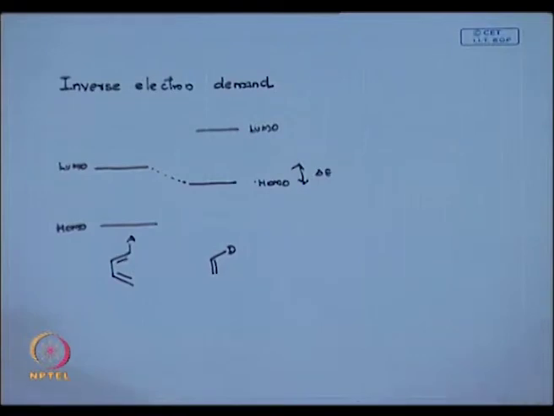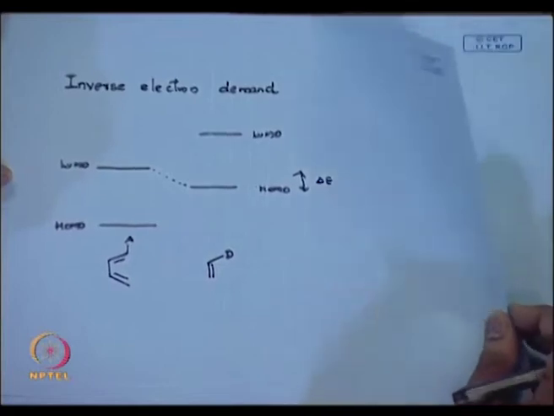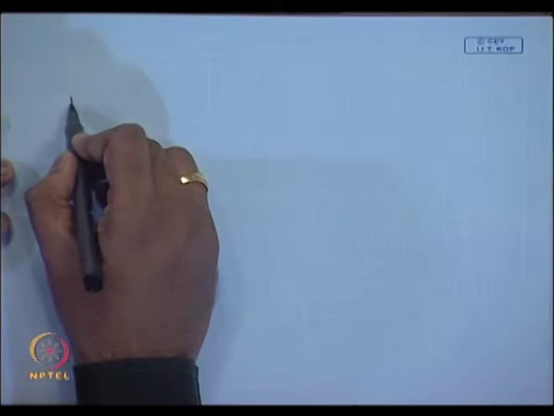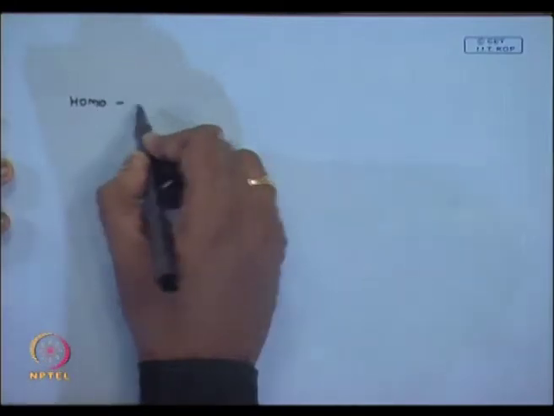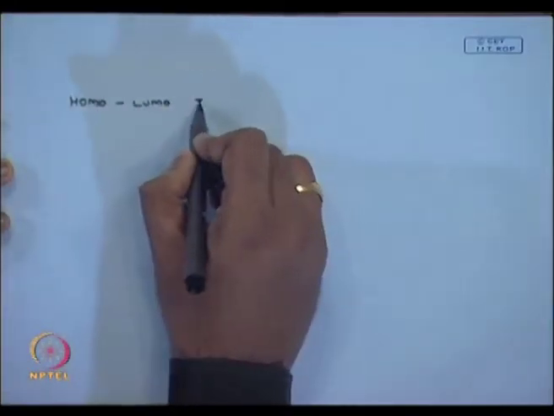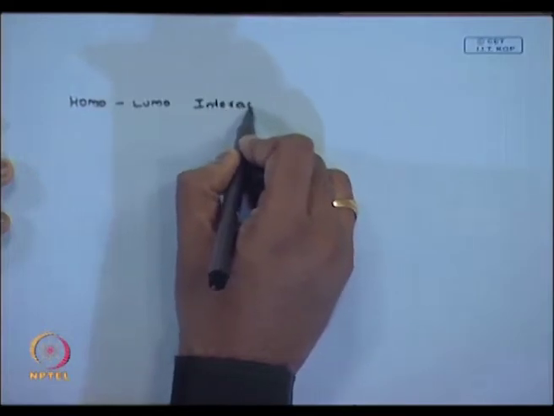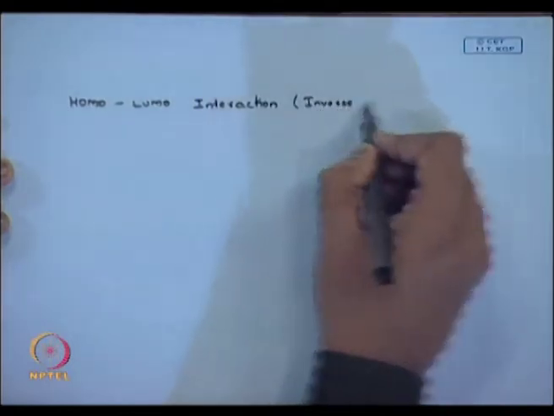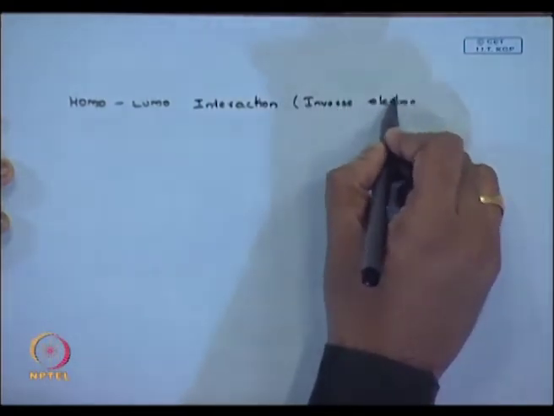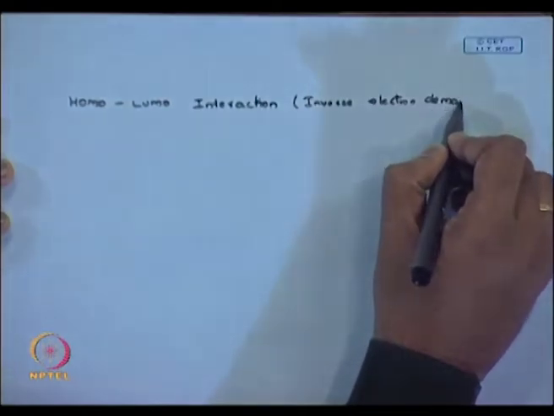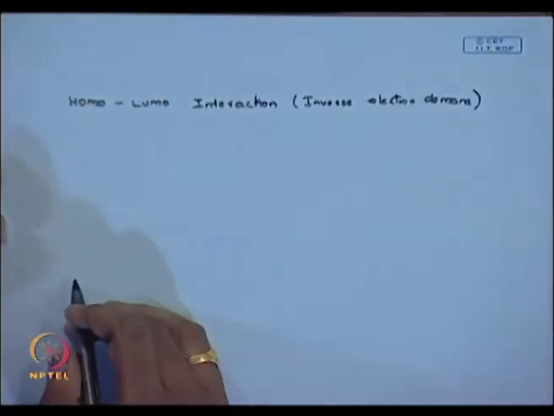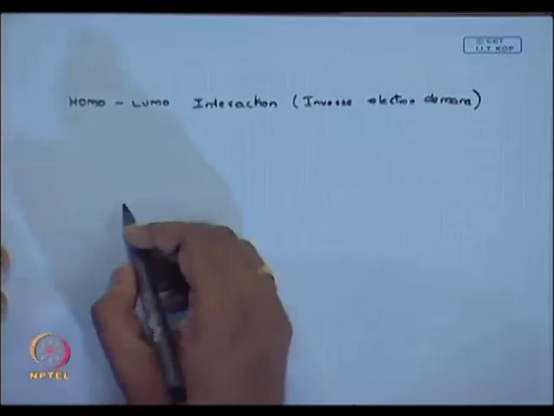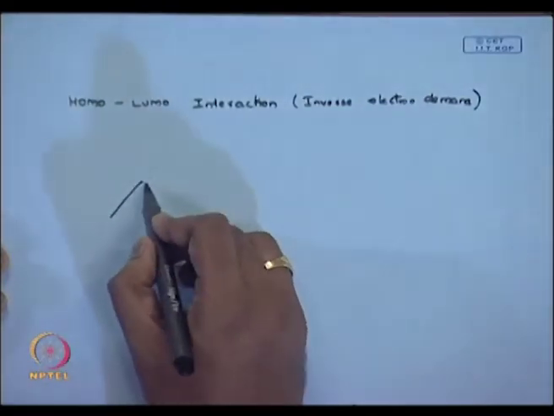Now, we will see whether it is orbitally allowed, because we should keep that in mind. So, if you do the HOMO-LUMO interaction again for inverse electron demand, right now we will call it inverse electron demand. We were talking about the LUMO of our diene.